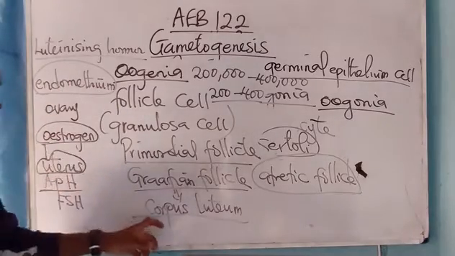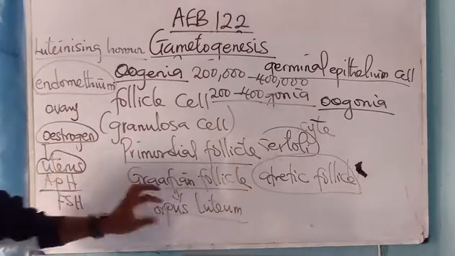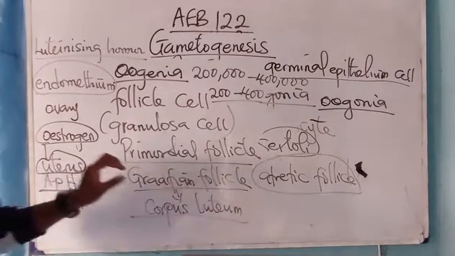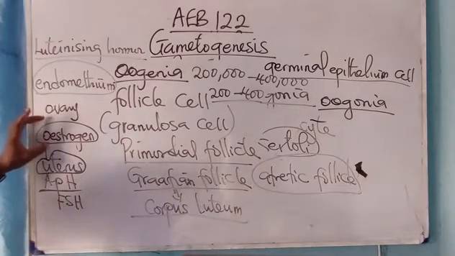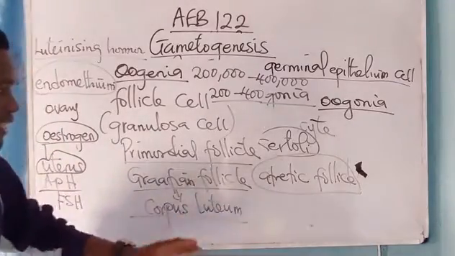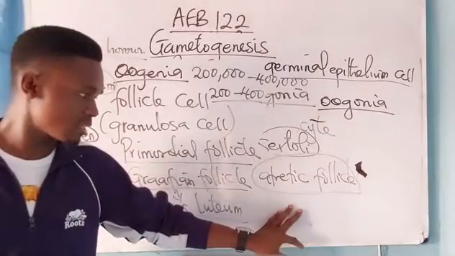And again, the production of estrogen and progesterone will reduce. I told us that the corpus luteum produces the estrogen and the progesterone. Since it has degenerated, there will be a decline in the level of production of what? Estrogen and progesterone. Then follicle stimulating hormone will no longer be what? Inhibited.